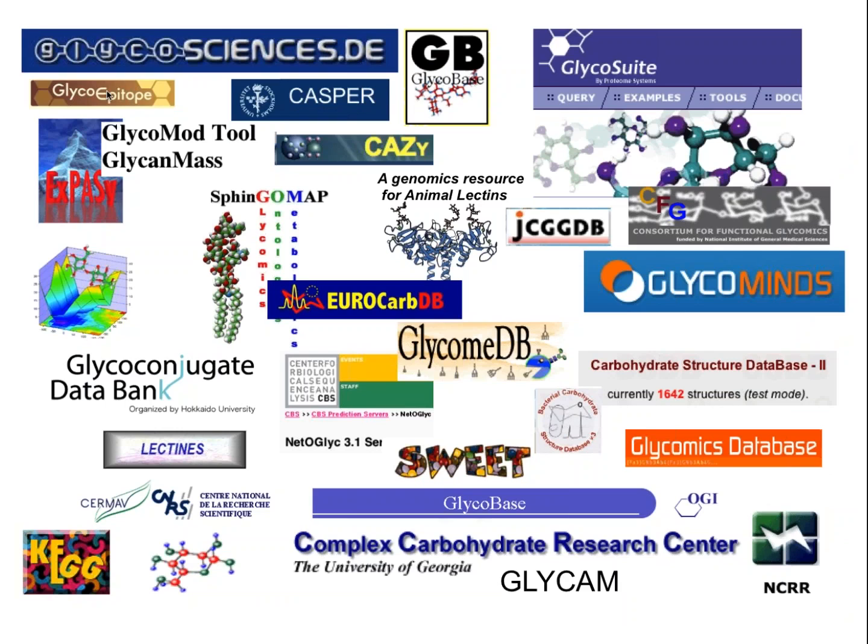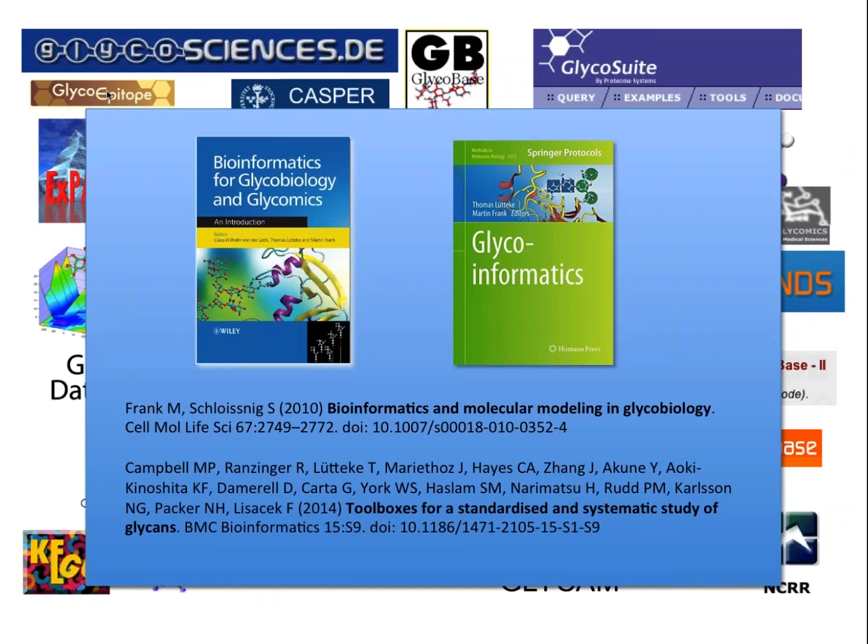If you're interested in the computational carbohydrate part, which is more closely related to bioinformatics and not so much to modeling, it's about databases and storing carbohydrate structures in relation to mass spectrometry and so on. There are 2 books dealing with that topic and also a few reviews. One actually came out recently in 2014, which was also a very nice review to give an overview on the field.